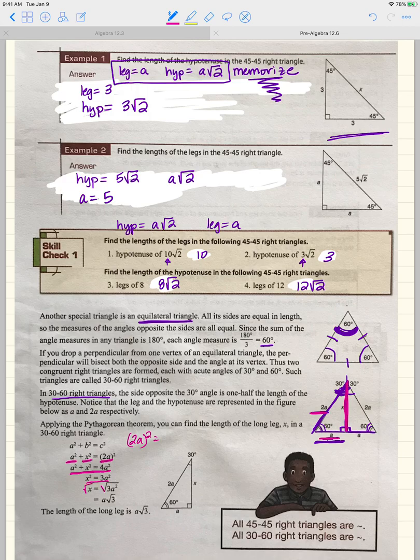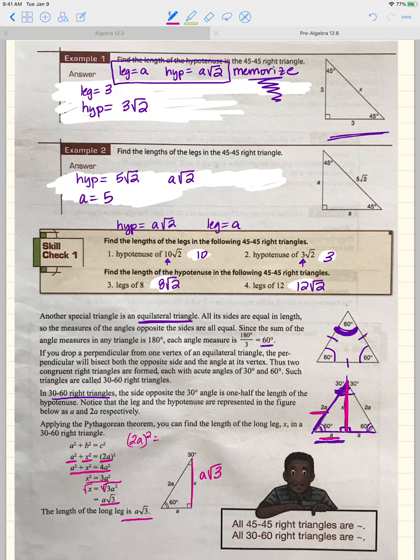Take the square root of both sides and you get x is equal to the square root of 3a squared. Well, the square root of a squared is a, and the square root of 3 is root 3. So a root 3. We've now determined that the length of the long leg x is a root 3.